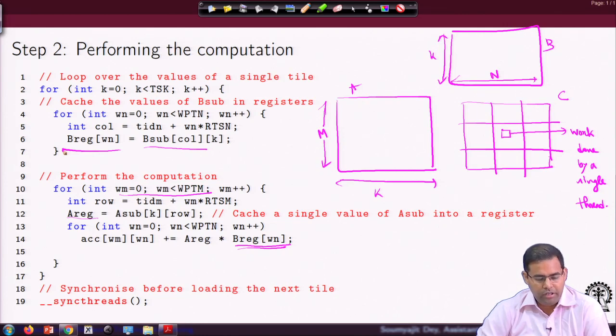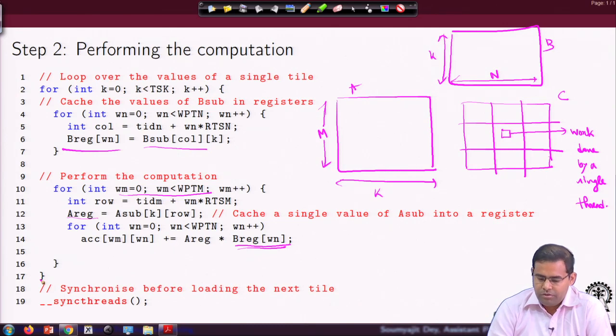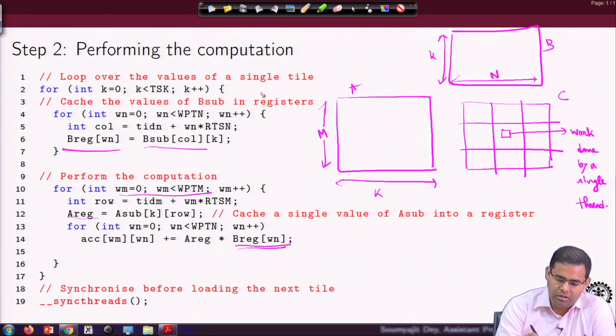That is why we cache the values of B sub in registers. So, inside this compute loop there is some memory activity going on, specifically for loading values from the shared memory to the registers, and this is the crux of the optimization.